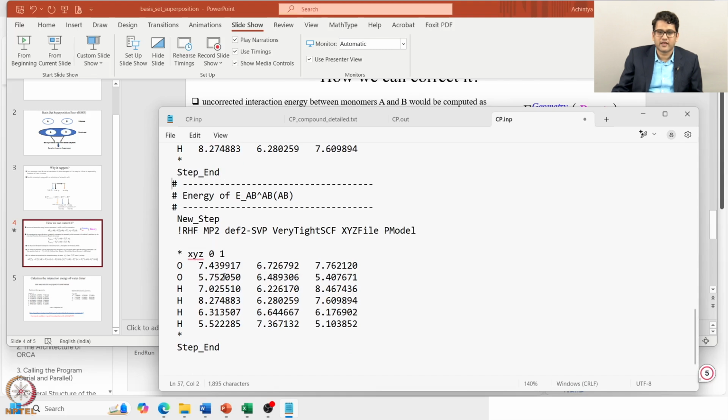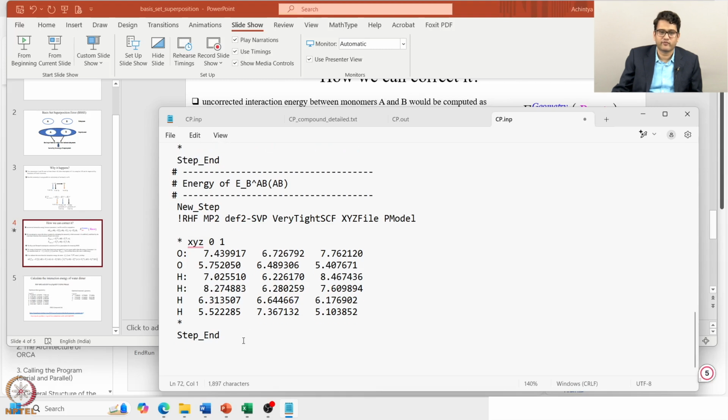So, now this is energy of system B at the geometry of AB, and the basis set also is AB. So, that means now I have to make the atoms of the first water molecule, the atoms of water A, ghost atoms, if I call it this, with a space.